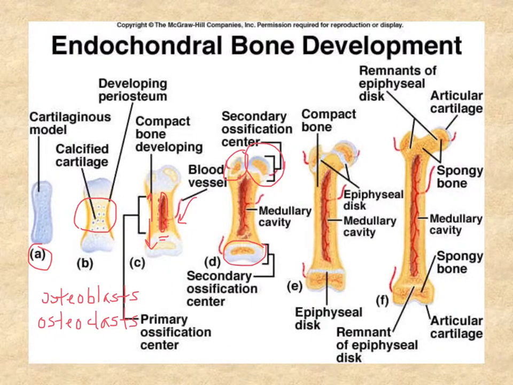And eventually you'll get to a point where you have bone here in the center, and then you have bone on the epiphyses, and there is this layer of cartilage in between. Epiphyseal disc or epiphyseal plate, and this is where growth is going to continue because, of course, as you know, a baby is much, much smaller than an adult, and there is quite a bit of lengthening that has to happen in the bones over time.